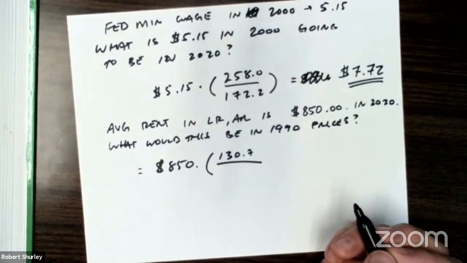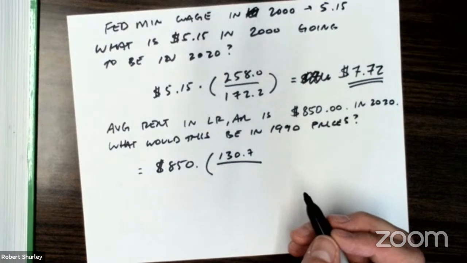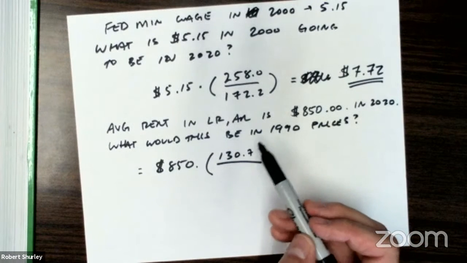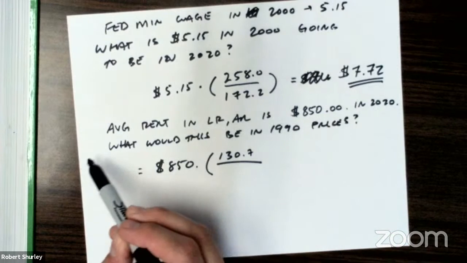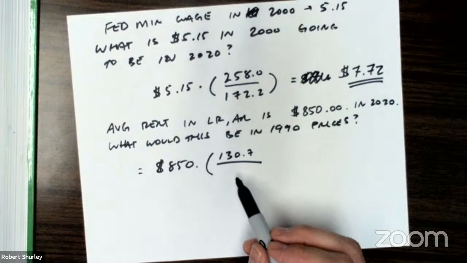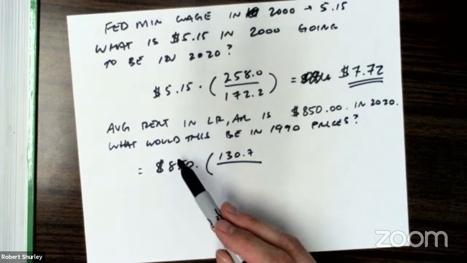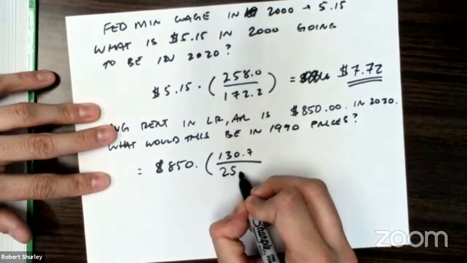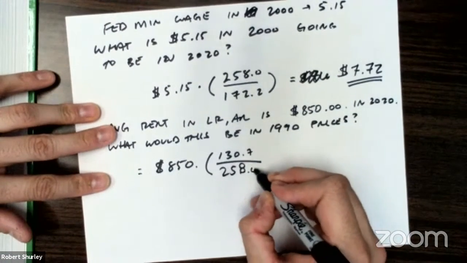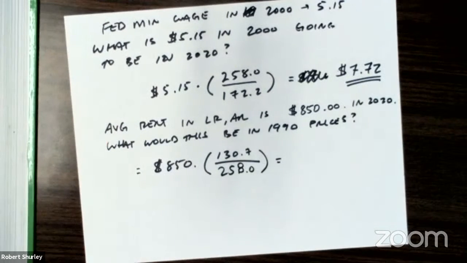That's on the bottom of page 165 if you want to look it up. Remember, that's the CPI of the year we're looking for, over the CPI of the year of the data we're given. So this is 2020, and we're going to use that same 258.0.